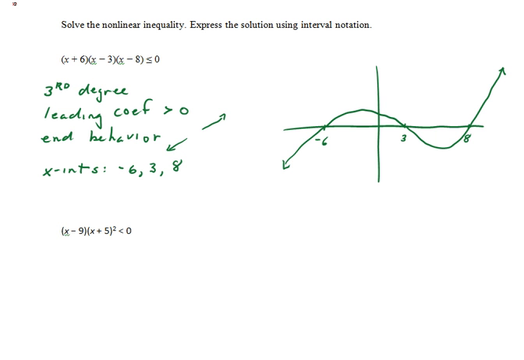And so where is this less than or equal to 0? It occurs to the left of the first, or the smallest x-intercept, and between the second and third x-intercept.